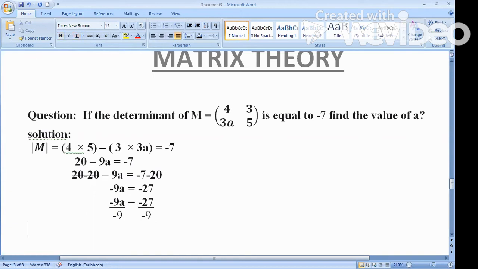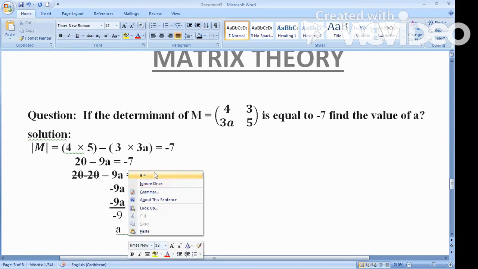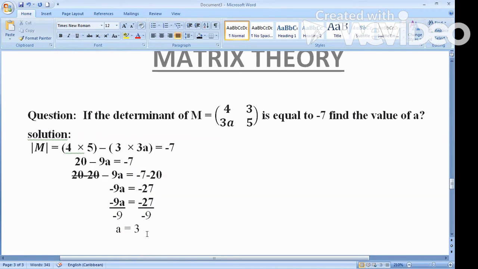All right. So a is equal to +3. That's the value of a. Because a negative divided by a negative gives you a positive, and you can get 3 groups of 9 out of 27. So that's the answer.